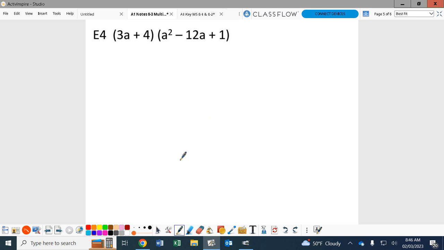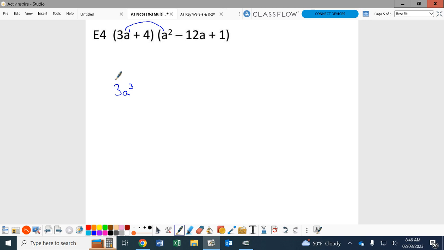Here's what it looks like, guys. We're going to multiply 3a times a to the second. That's going to give us 3a to the, guys, what is the power on the a? When I multiply them, what would that be? 3, because there's 1 here and 2 here, which is a total of 3. And when you multiply like bases, you add their exponents.